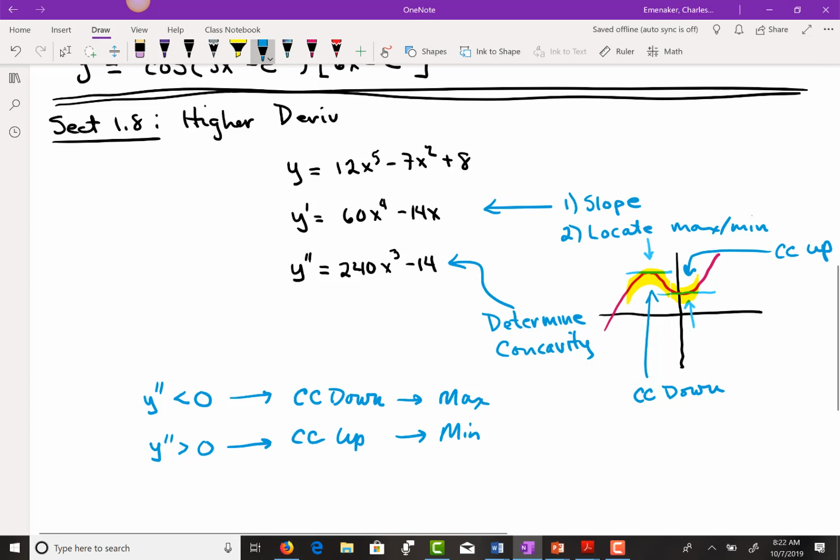Well, how do I know if it's a max or a min? What's going to wind up happening is we're going to go through a whole series of steps. For example, suppose you were given a cost function and you were asked to optimize that. Does optimize mean to maximize it, minimize it, or what?